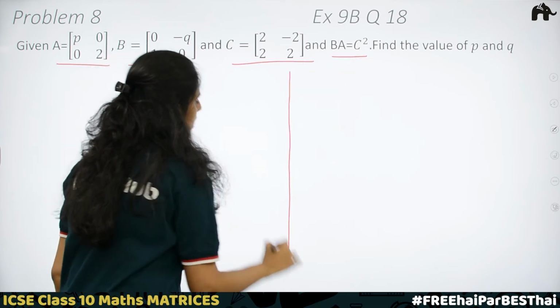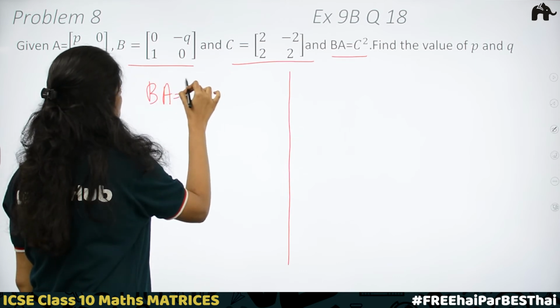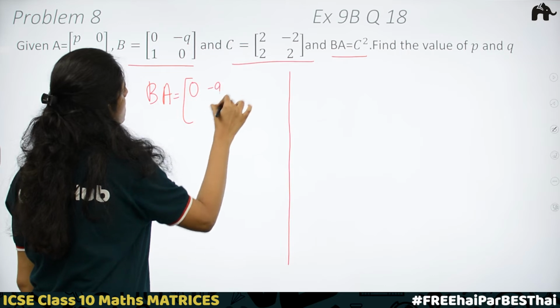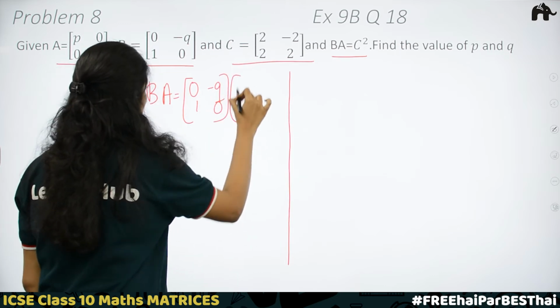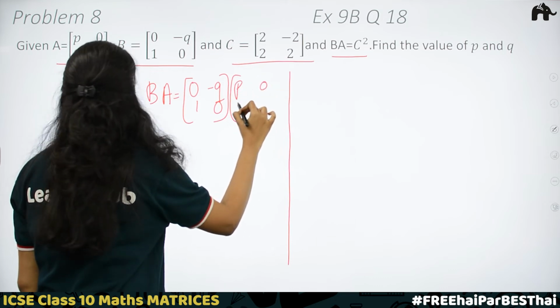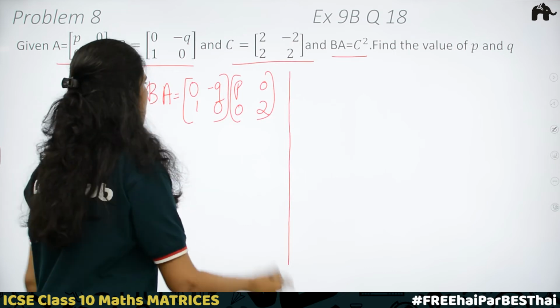To get BA, we have to multiply matrix B and matrix A. Here matrix B is 0, minus Q, 1, 0. And matrix A is P, 0, 0, 2. The normal multiplication.